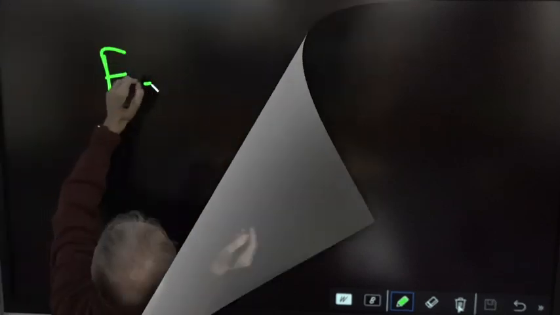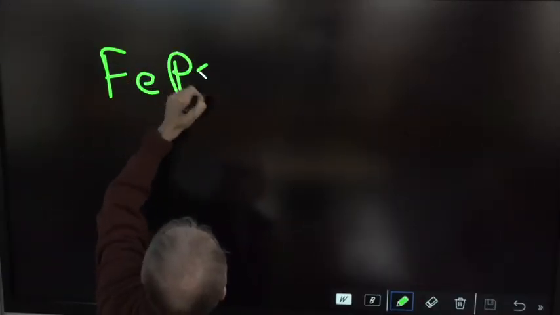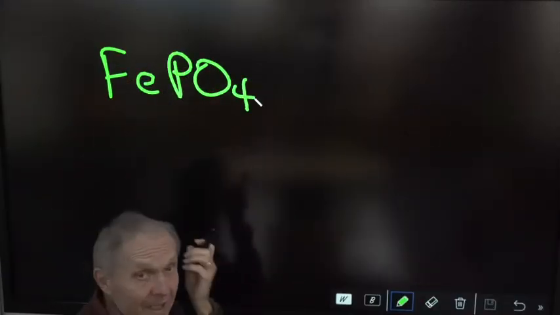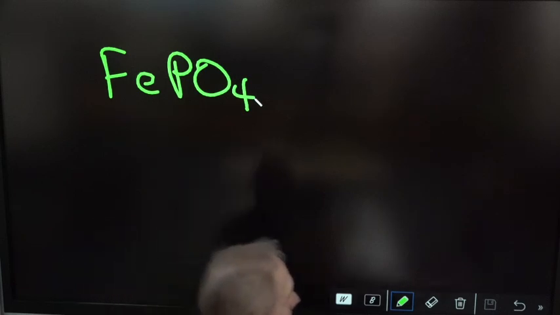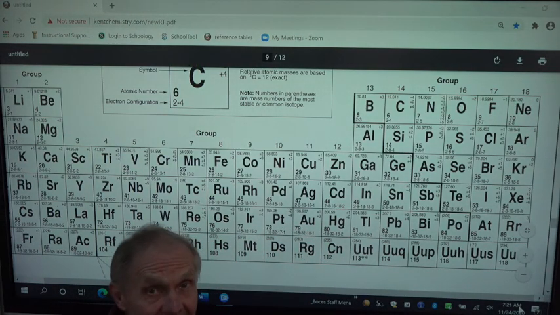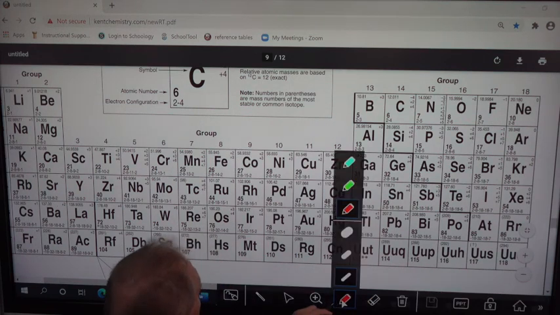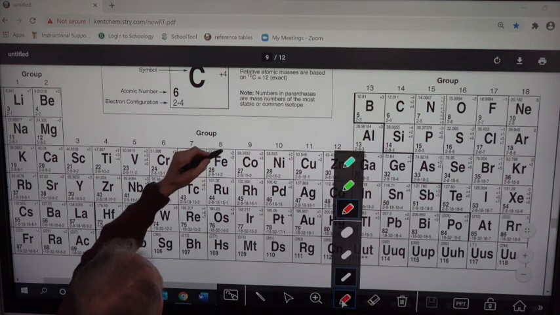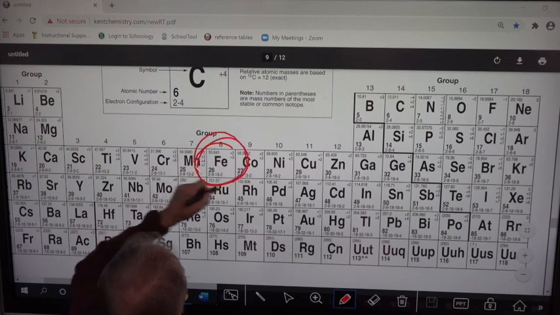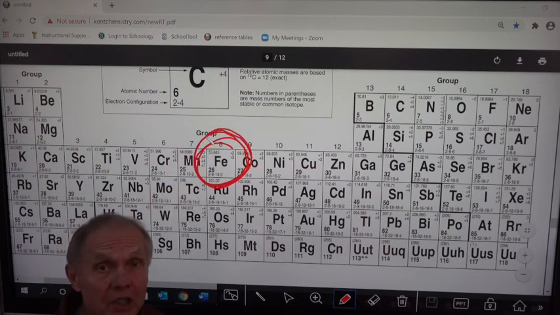Now, if it's something like this, same thing applies. Look at the metal. Here's the metal, which is iron, but look at iron.